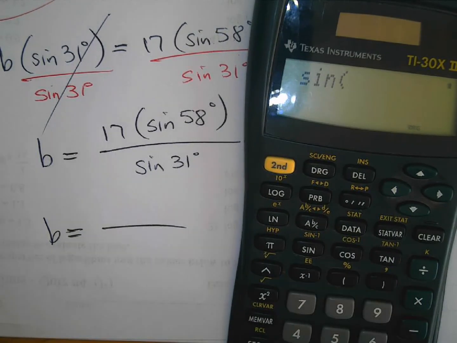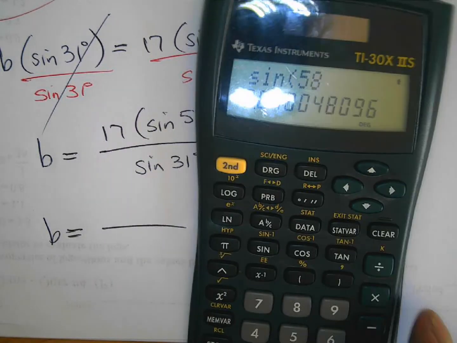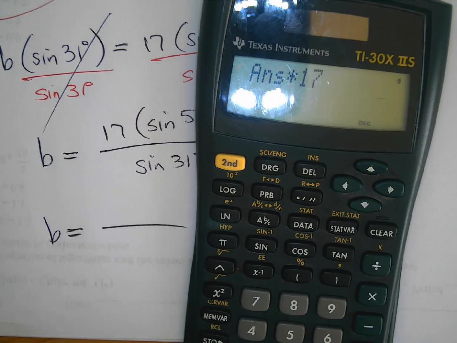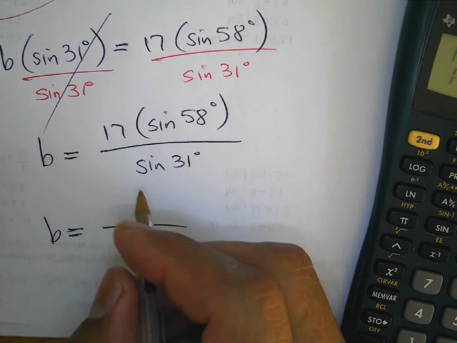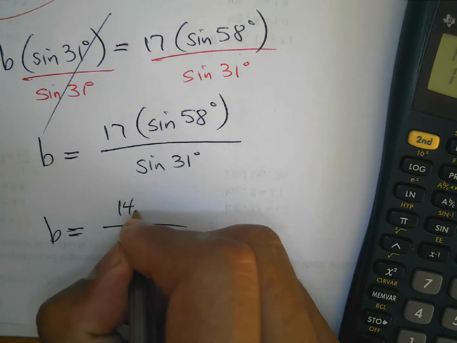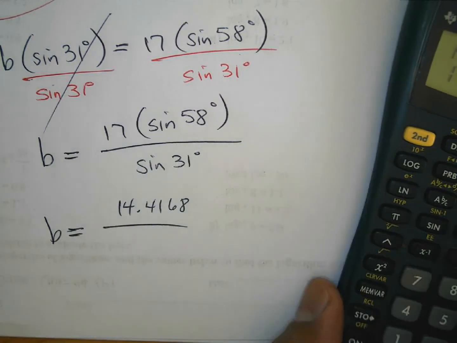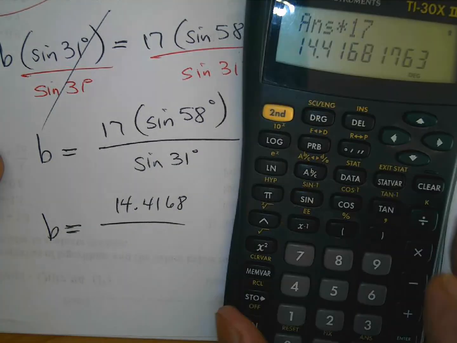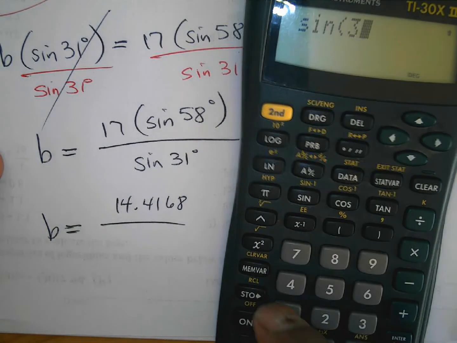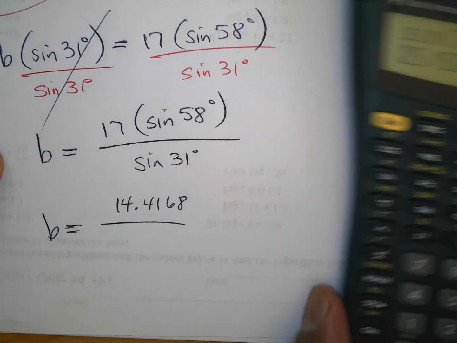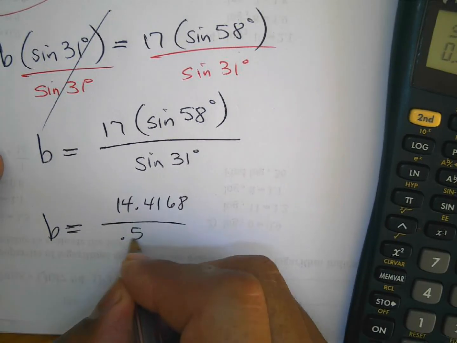So let's see. Sine of 58 is equal to that times 17. That's the top one, 14.4168. And then sine of 31, I think we used it already, but I'll do it again, is 0.51503.